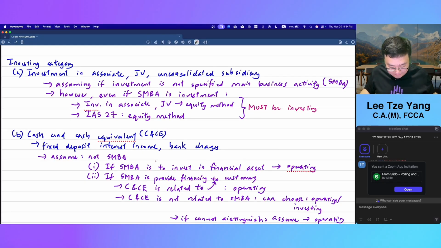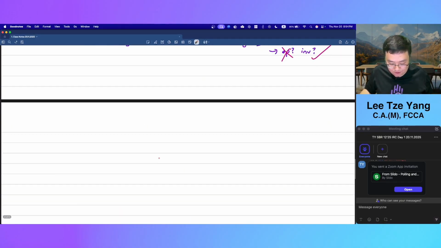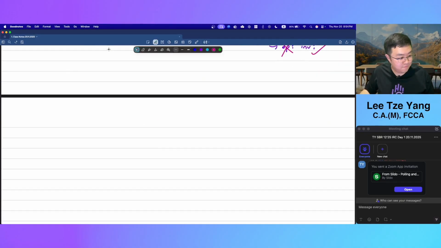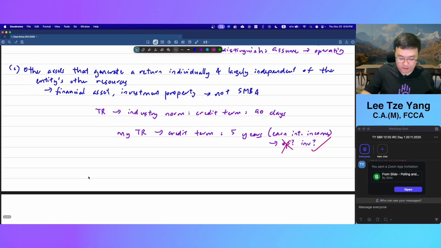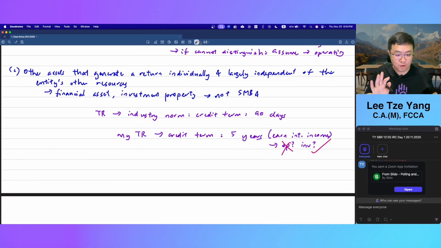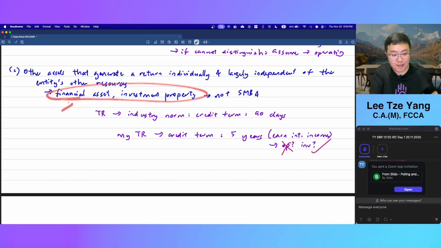Everyone, let me continue on to talk about the financing. By the way, I forgot to also tell you. If something qualifies as investing property, whatever is related to this goes to investing. I give you an example.